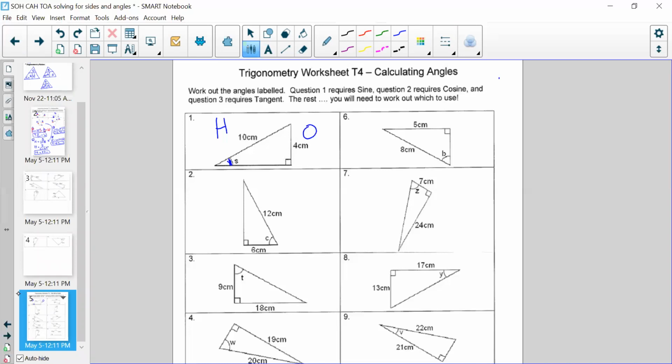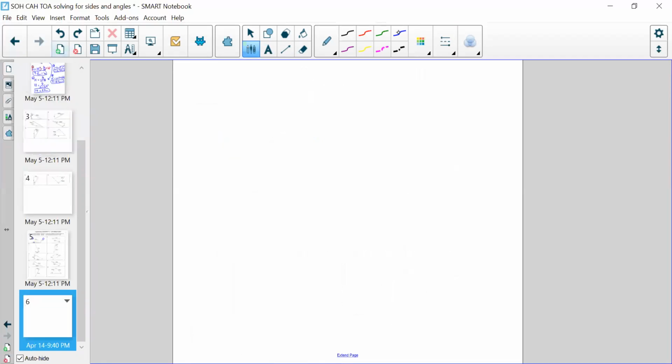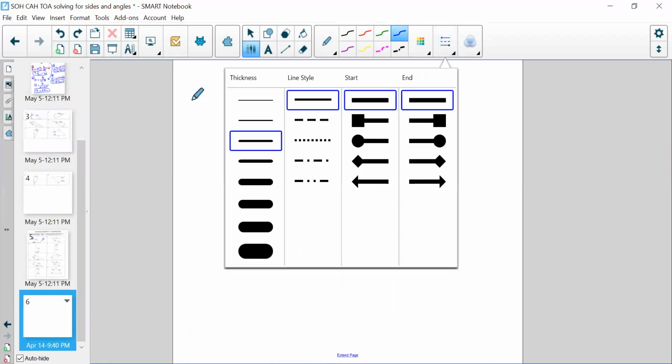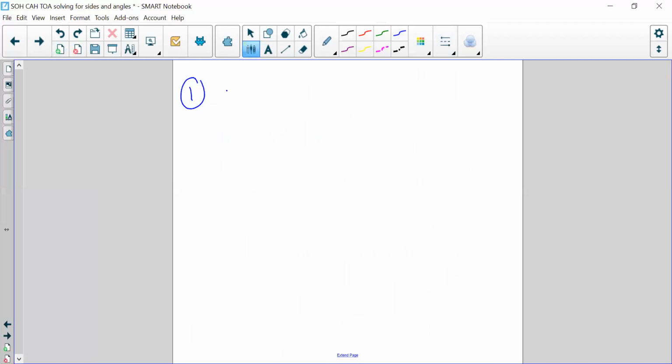So in this case, sine theta, sine of S, we don't know angle S, will equal opposite over hypotenuse, 4/10. You know that 4/10 is 2/5. You can turn that into a decimal, but I want you to do this all in one step. I want to know theta. So I need to get rid of this sine part of my function.